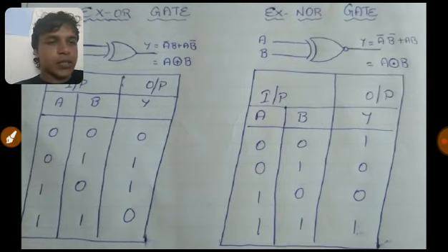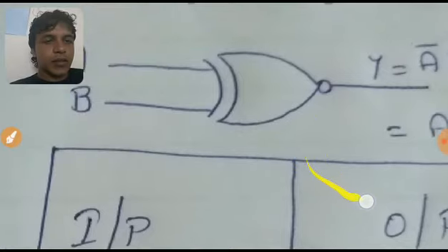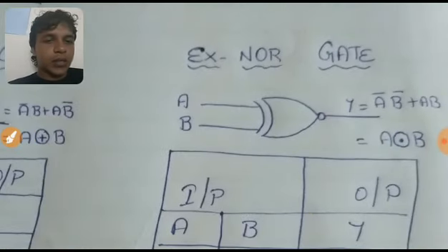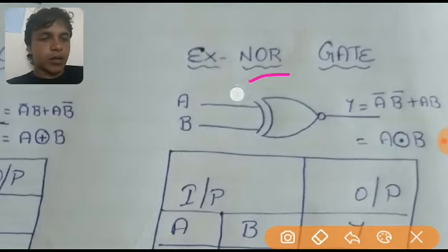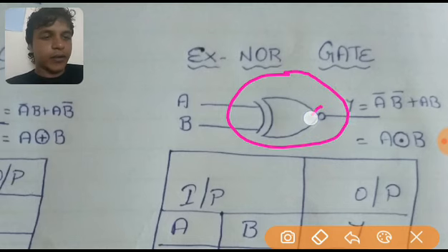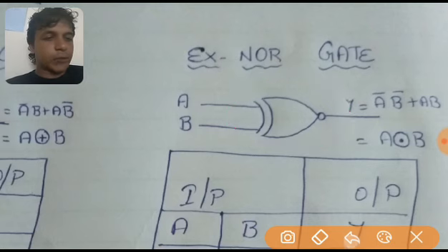Now let us discuss the XNOR gate. This is the symbol of the XNOR gate with a bubble at the end, and this is the mathematical expression for the XNOR gate: A bar B bar plus AB.